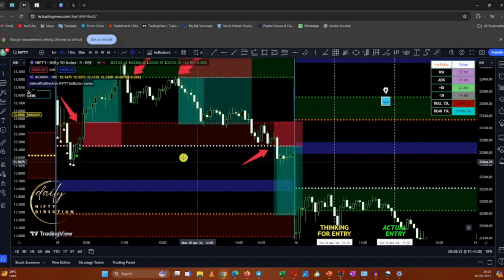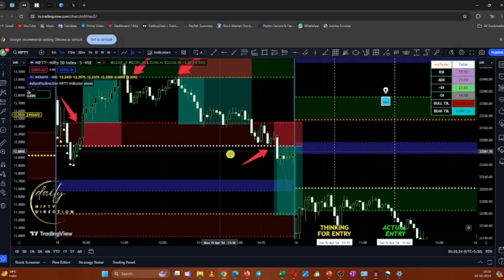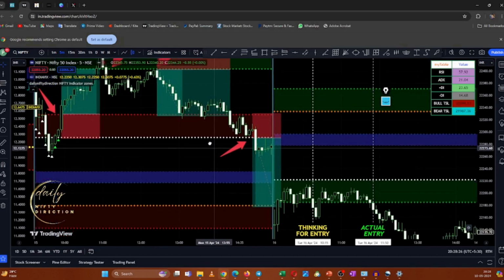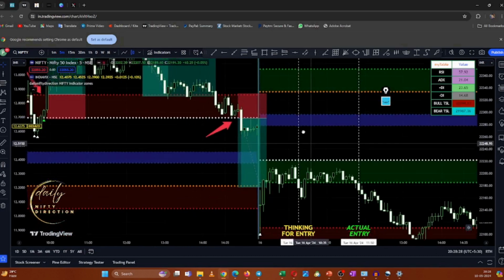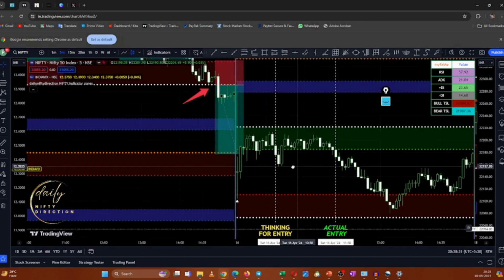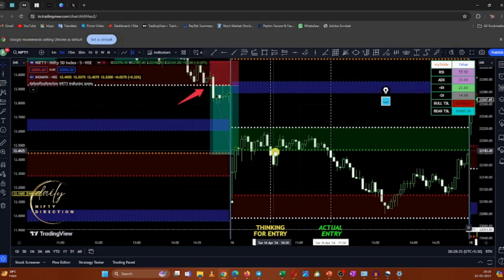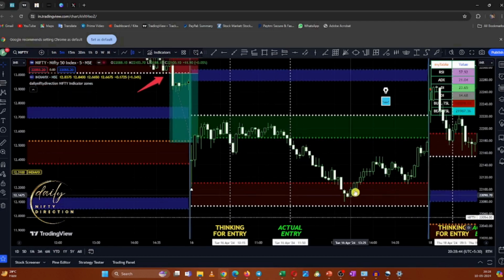so on the ranging market also you are getting 3 trades. Similarly here you were thinking for entry because it has closed below your zone and you took your entry here and your target was hit.